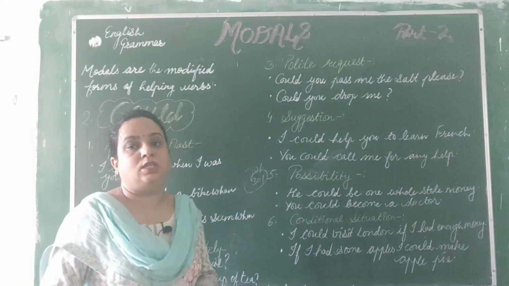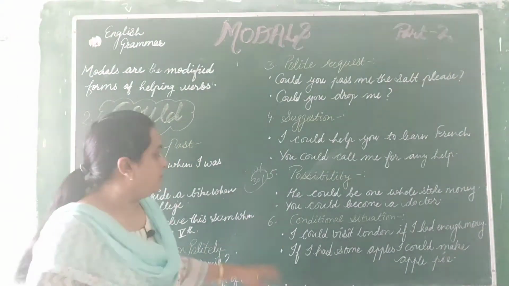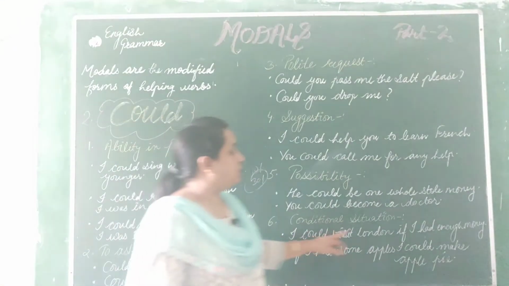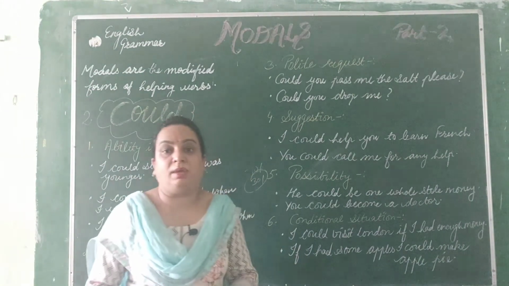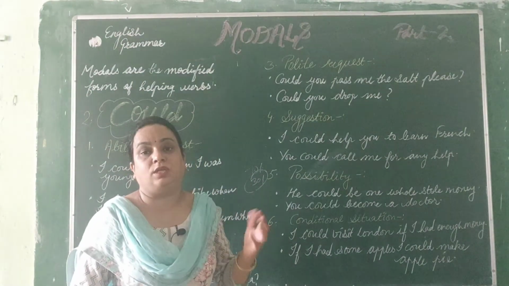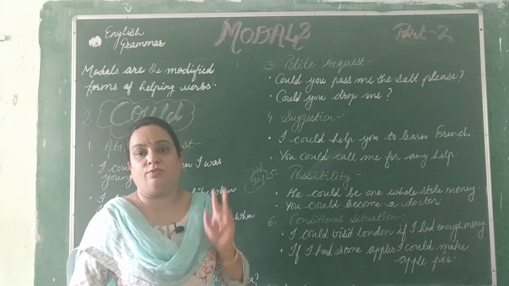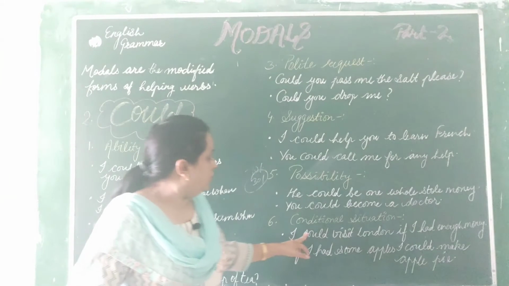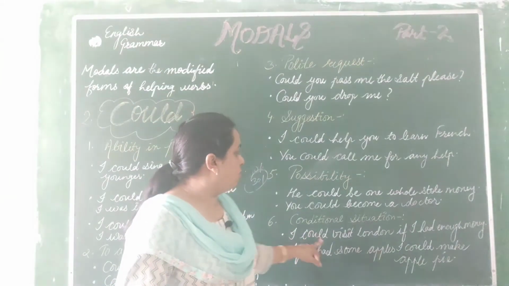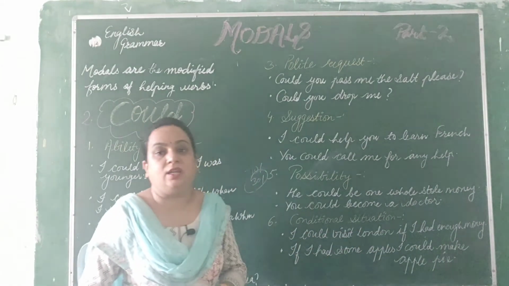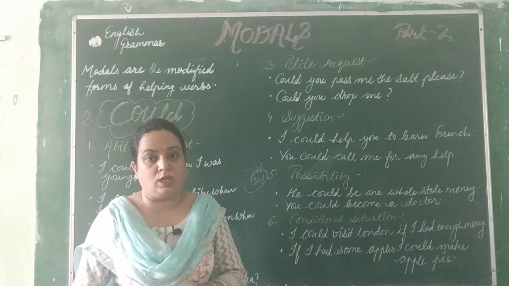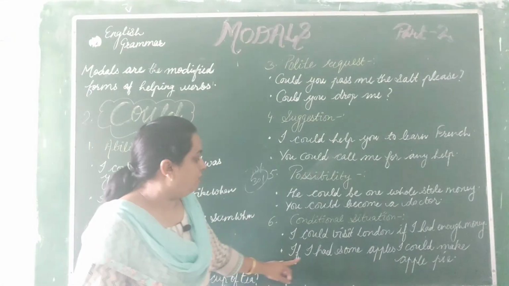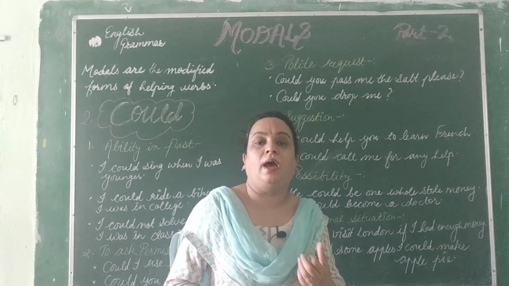Next one is in conditional situations or conditional sentences. सो अगर ऐसा हो जाए तो, राइट. So I could visit London if I had enough money, कि मैं लंदन जा सकता था अगर मेरे पास पैसे होते. So conditional sentences, we have 4 structures of conditional sentences. I hope you know that. So in this case also we can use I could visit London if I had enough money. अगर मेरे पास पैसे होते तो मैं लंदन चला गया होता और मैं घूम लिया होता. If I had some apples, I could make apple pie.